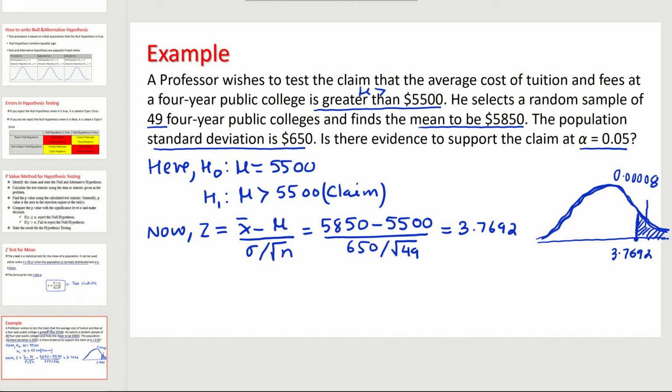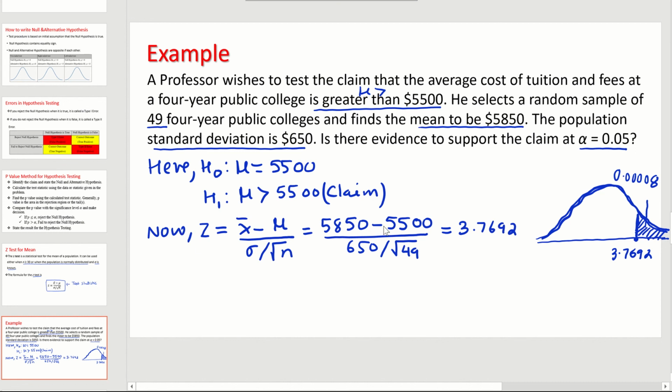First step, we wrote the null and the alternate hypothesis here. We have the claim. And also in the alternate hypothesis, we have the greater than sign, meaning this is a right tail test. Here we calculated the z value or the test statistic.